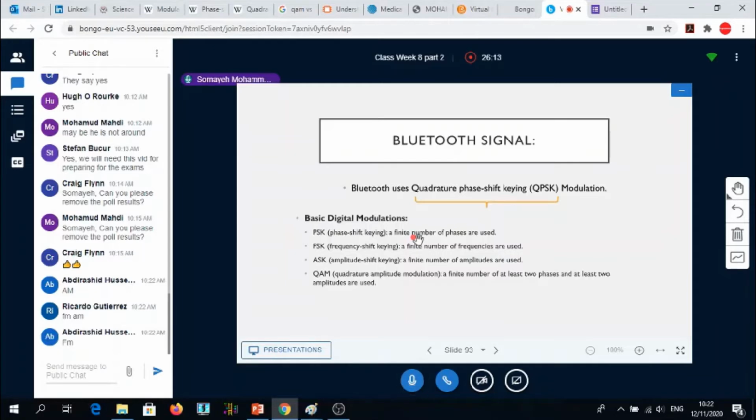In some cases, including QPSK and QAM, there is a similarity between digital modulation and analog modulation. Later on, we will see that sometimes we can say these are an intermediate family between analog and digital modulation.